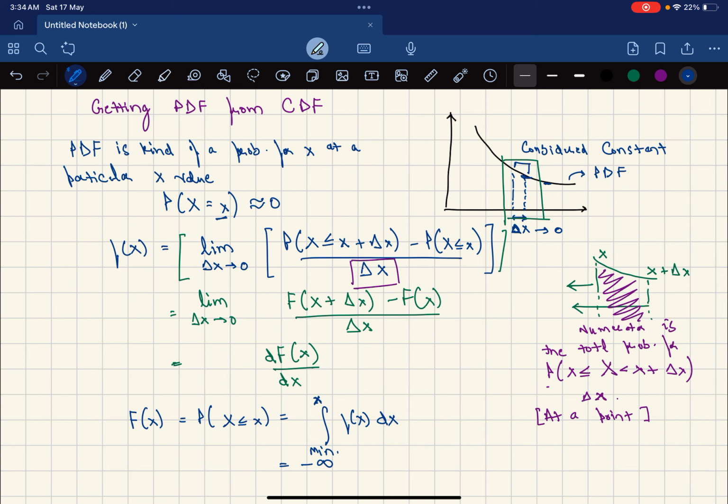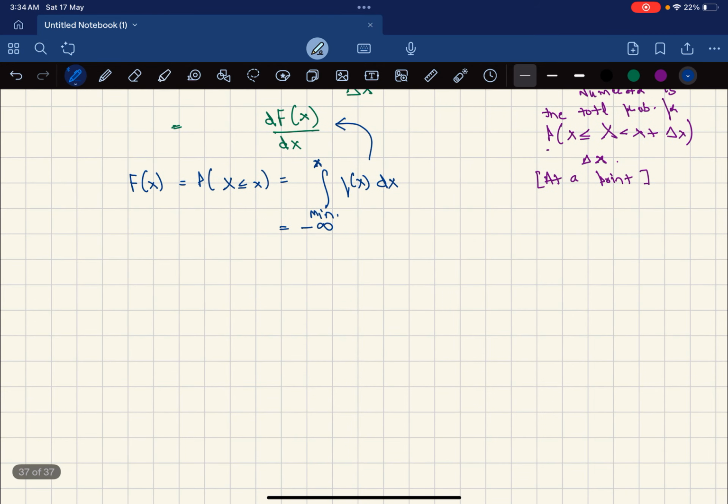This is one more way to get to this expression. So we have seen that the PDF can be obtained from the CDF of any random variable or any distribution by simply differentiating the CDF with respect to the same random variable.